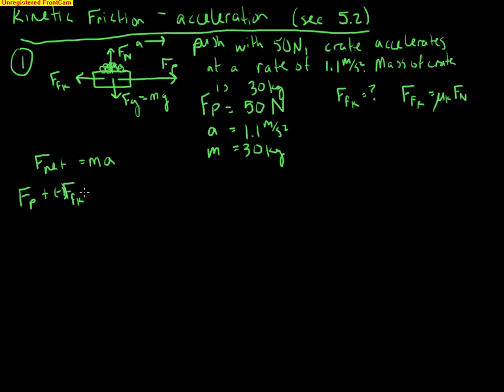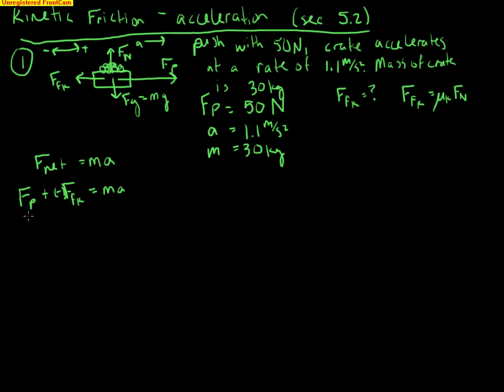That equals m times a. Of course, putting this negative, we're implying that this direction is positive and this direction is negative. So we'll write that up there just in case we need to use that coordinate system for another part of the problem.